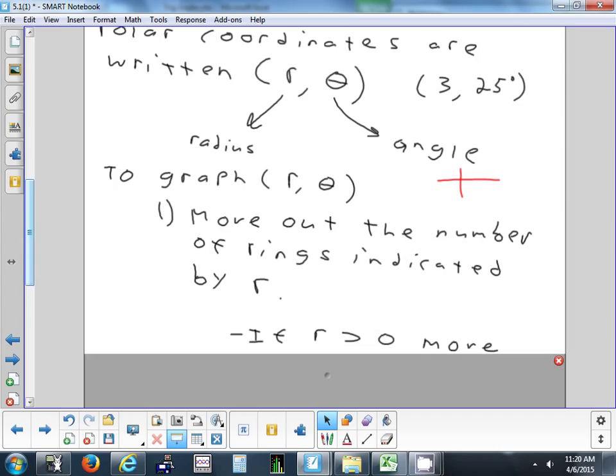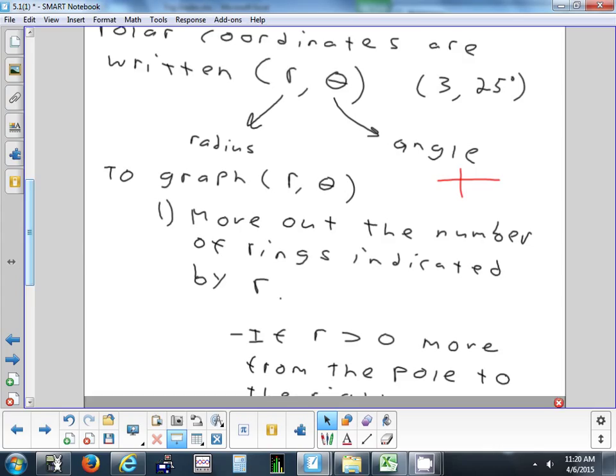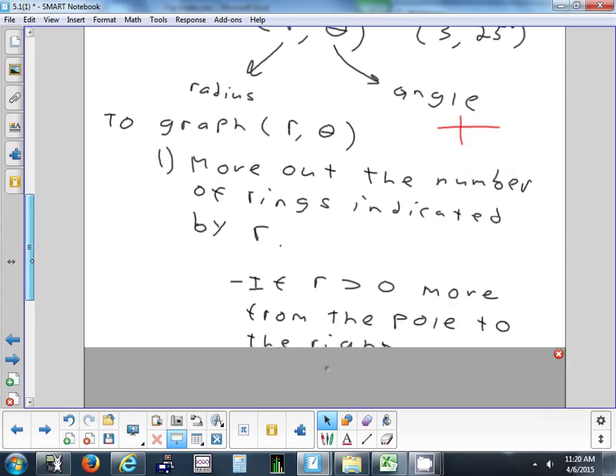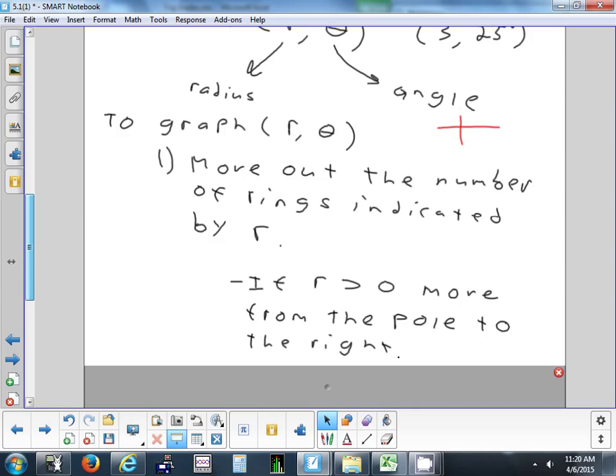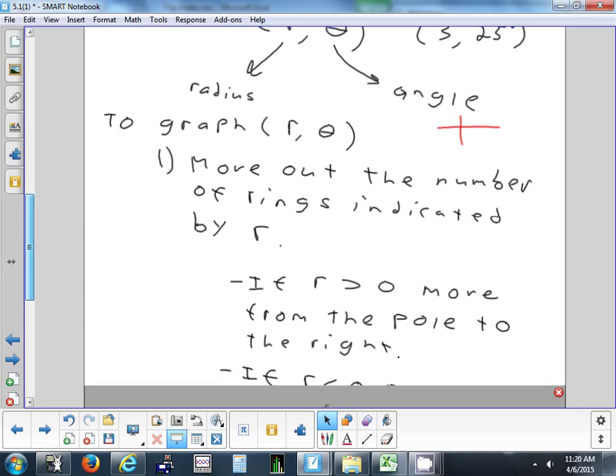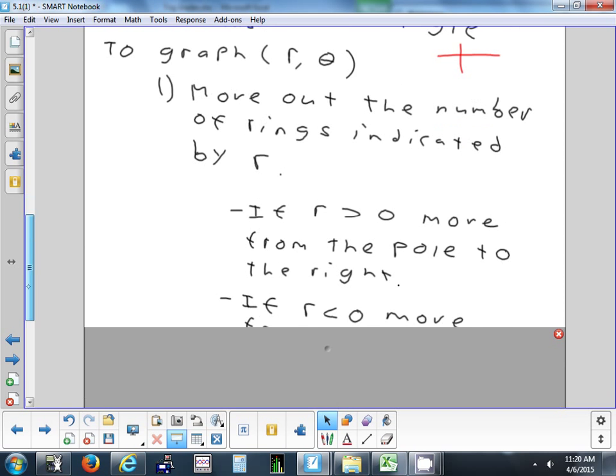If R is positive, if R is greater than 0, you start from the pole and you move right. Just like on the x-axis. Positive value, you move right. If R is negative, if it's less than 0, what direction do you think you'd move in that case? The other direction, left.